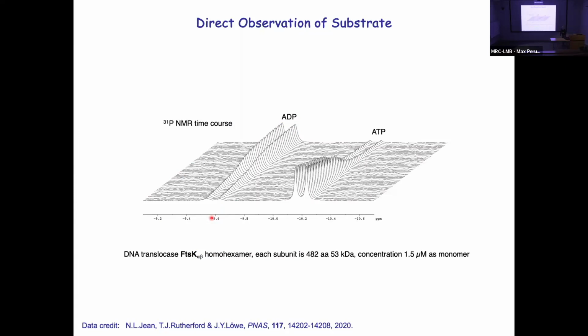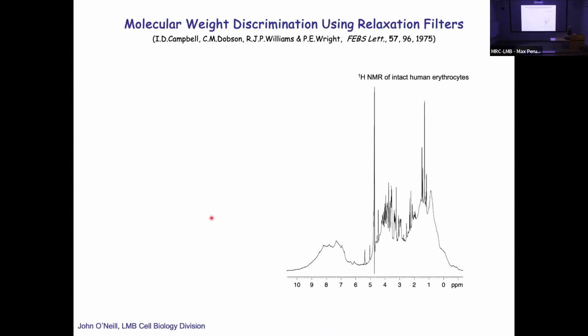And just by looking at the phosphorus signal, we can get useful kinetics information, and information on what components of the complex were required in order for us to get turnover of this DNA translocase.